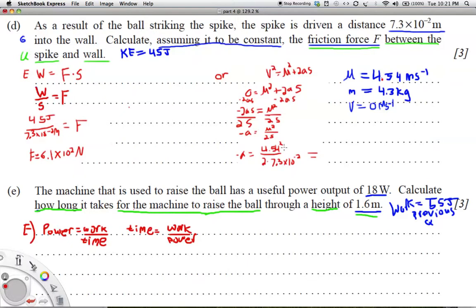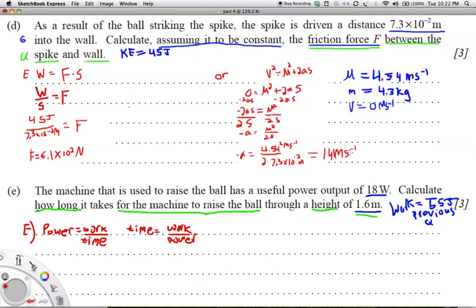Oh, sorry, this is meters per second, and down here this was meters. My resultant acceleration is 141 meters per second squared.